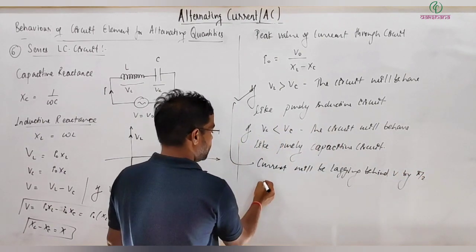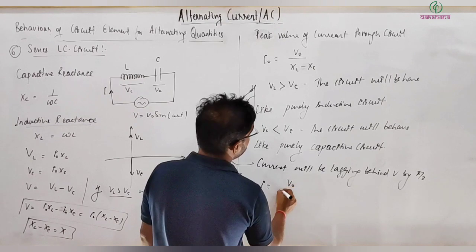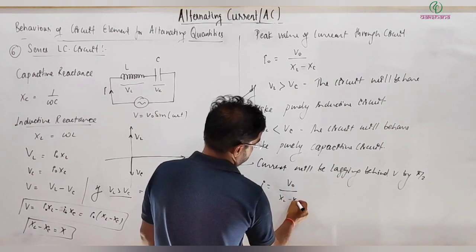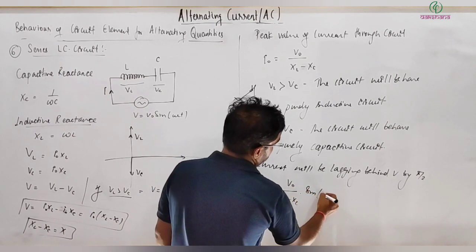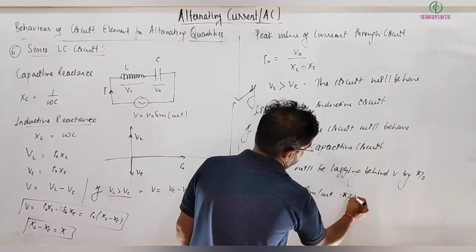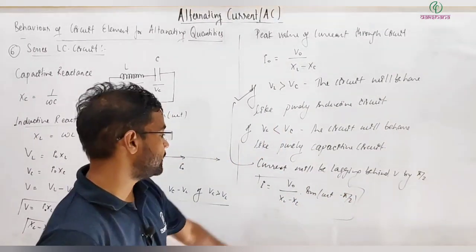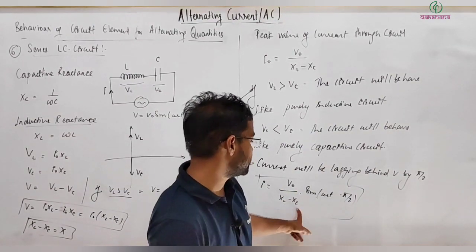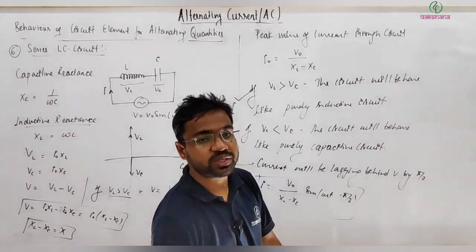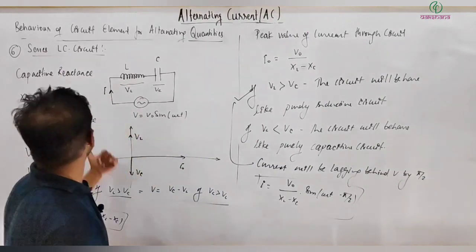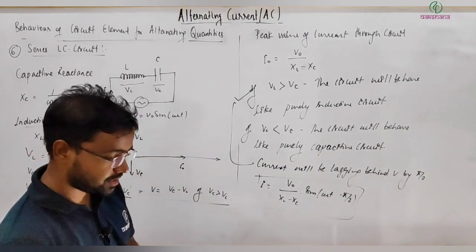So I can write I is equal to V naught divided by XL minus XC into sine of omega t minus pi by two. Similarly, if it is a net capacitive circuit, then you will write V naught by XC minus XL sine of omega t plus pi by two. So this is about series LC circuit.